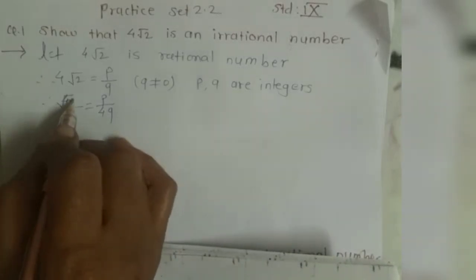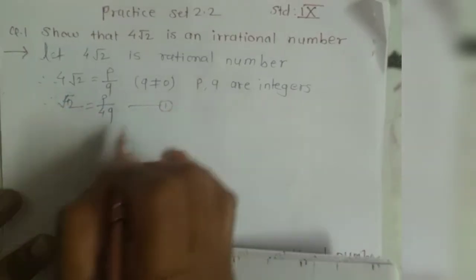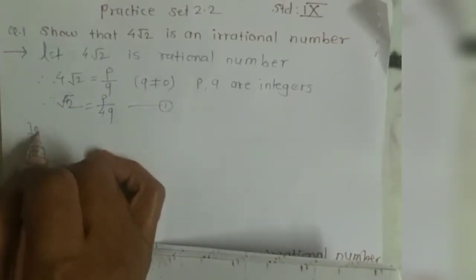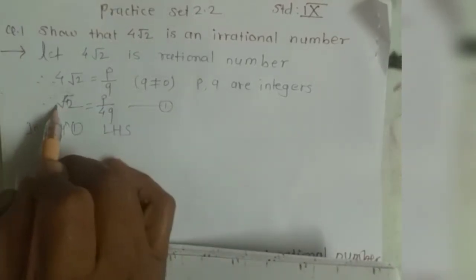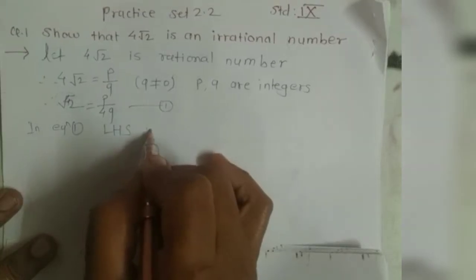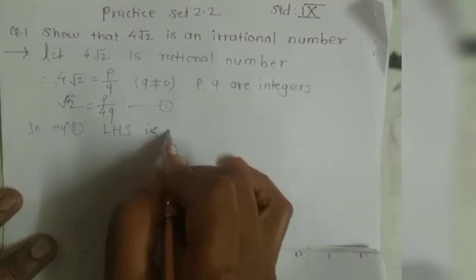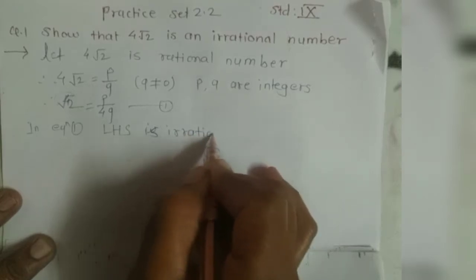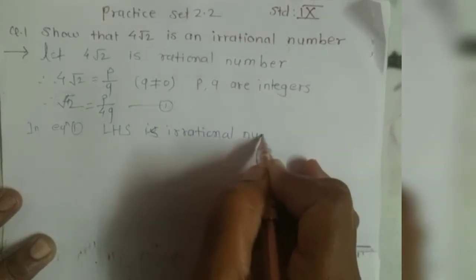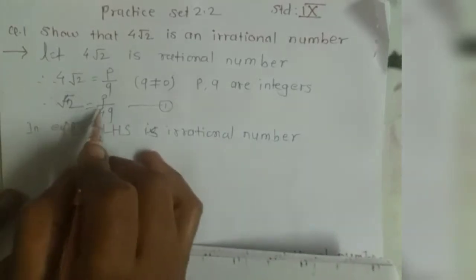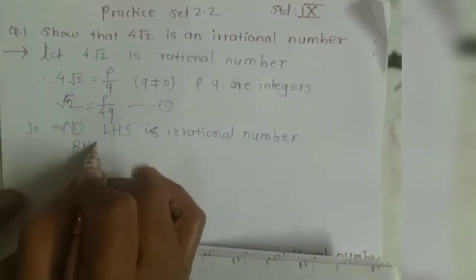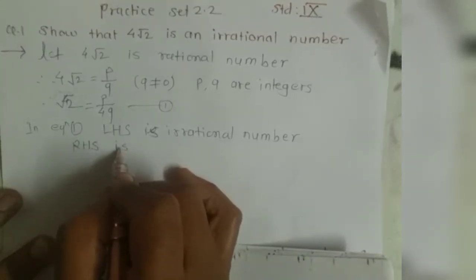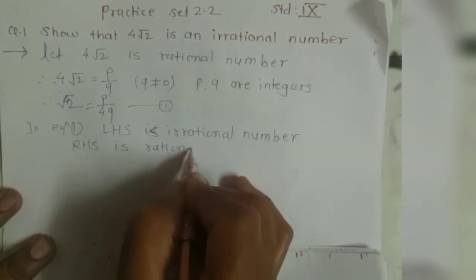We say this equation is first. In equation first, the LHS, the left hand side root 2, is an irrational number, whereas the RHS, P upon 4Q, is a rational number.